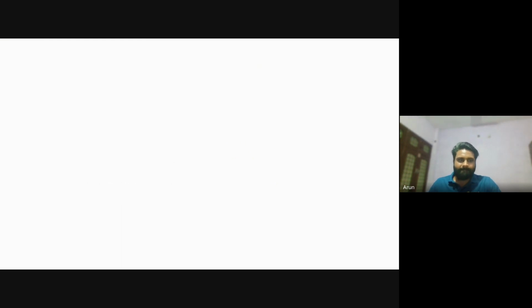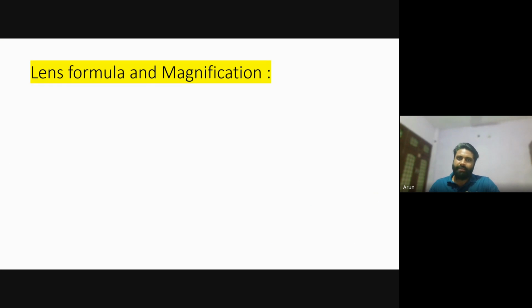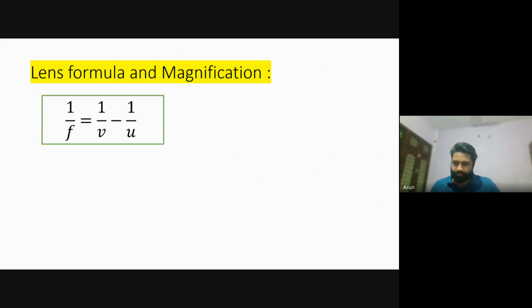Now, lens formula and magnification. These are very simple formulas, as you have learned for the mirror. What about the mirror?